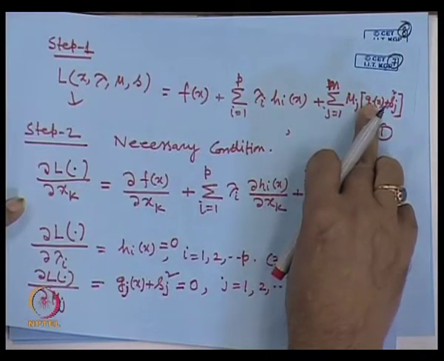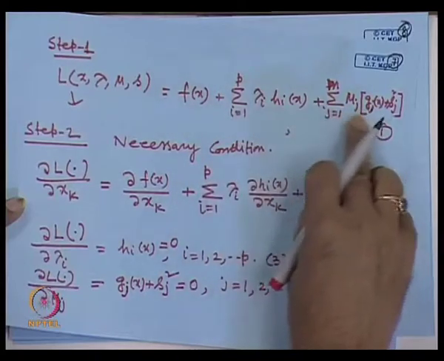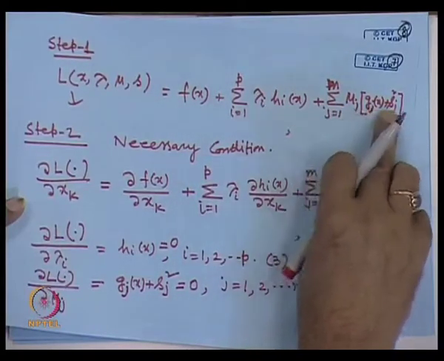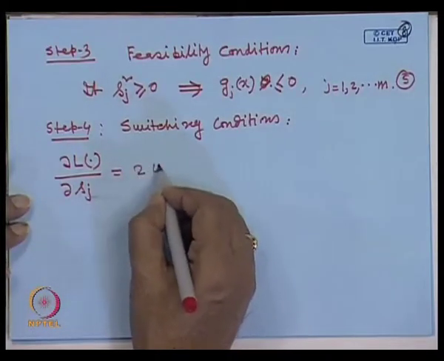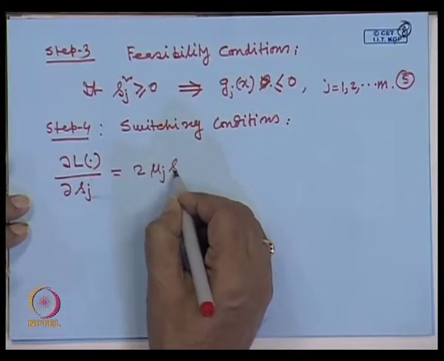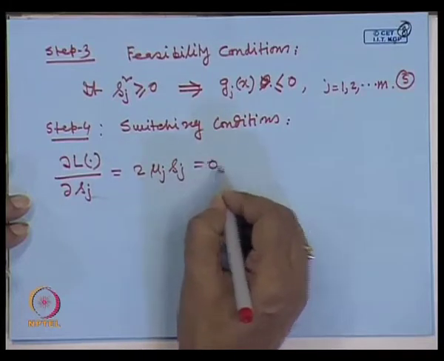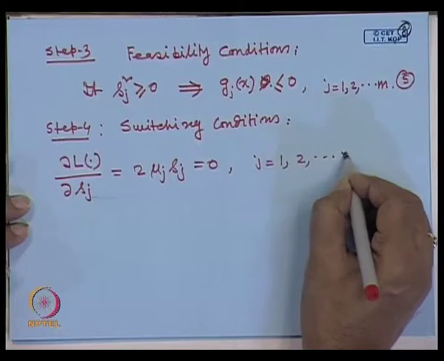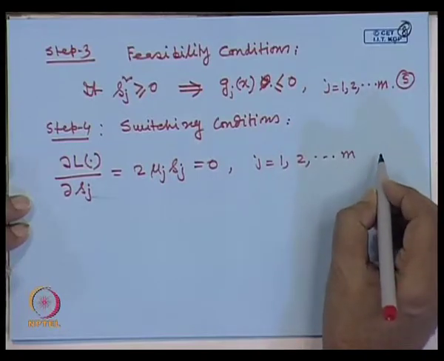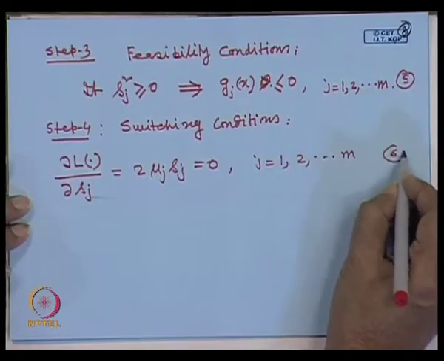This is constant when you are differentiating with respect to j, only this term will be there. So, this differentiation will come twice mu j s j is equal to 0, that is for j is equal to 1, 2, up to m. Let us call this equation number 6.